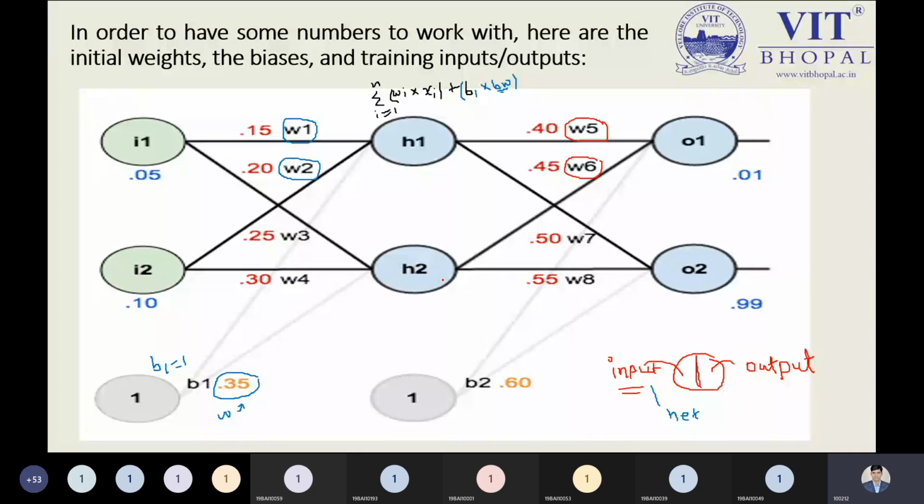That is the point we need to take care of. Just as we saw in our previous steps, now we need to calculate the net value of O1. Use the formula, calculate, and tell me the result you are getting.